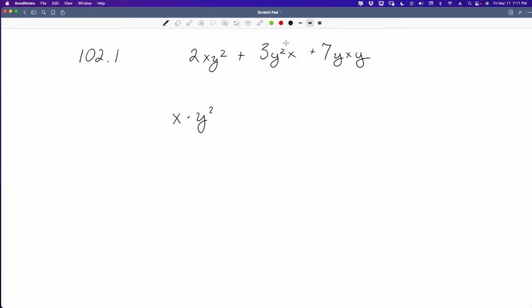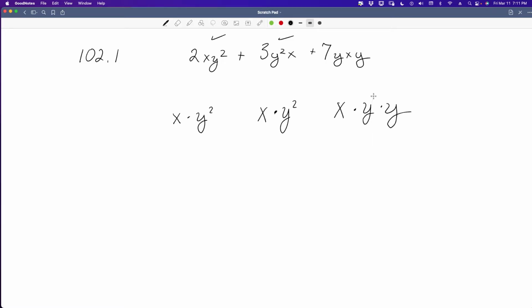So let's see if we can get that from the other ones. In this second term, our variables, we have an x and we have a y squared. So these two are the same. We can combine them. What about this last one? Well, we have an x by itself, and then we have times y times y.